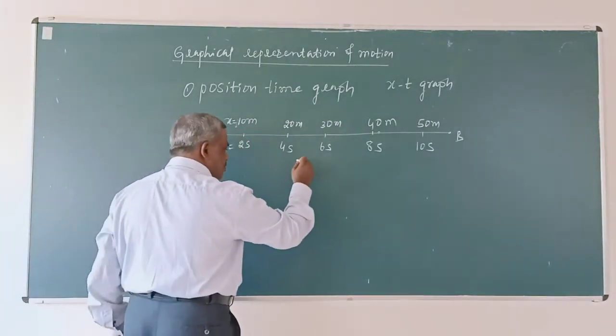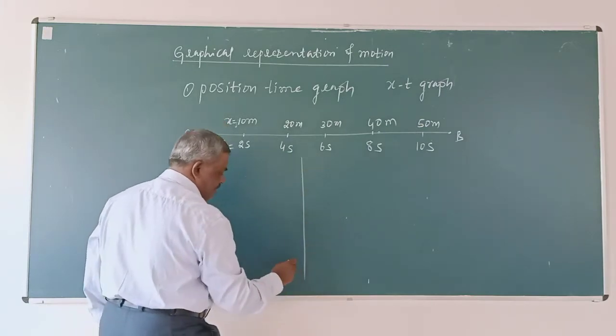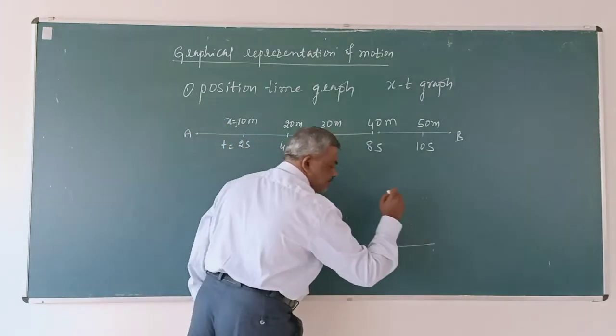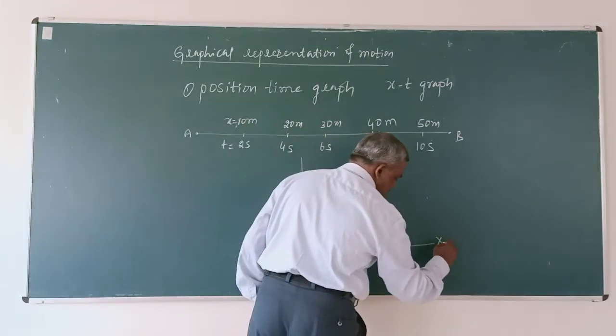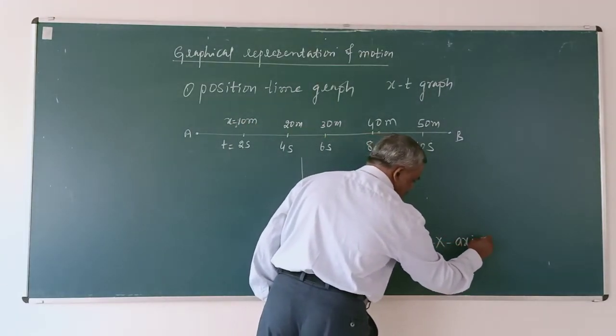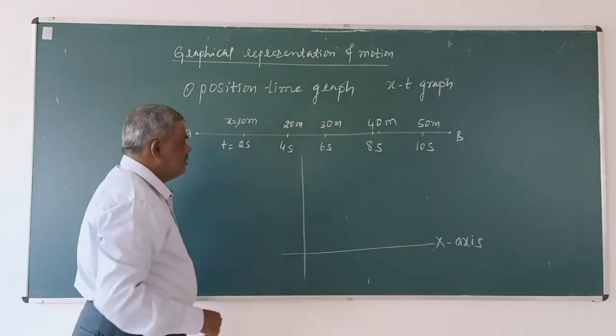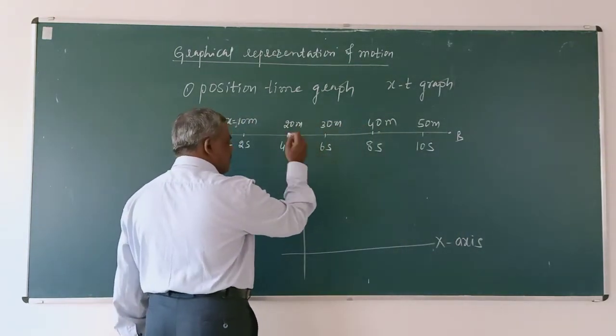A graph means two axes. Here we have the x axis, and this is the y axis.